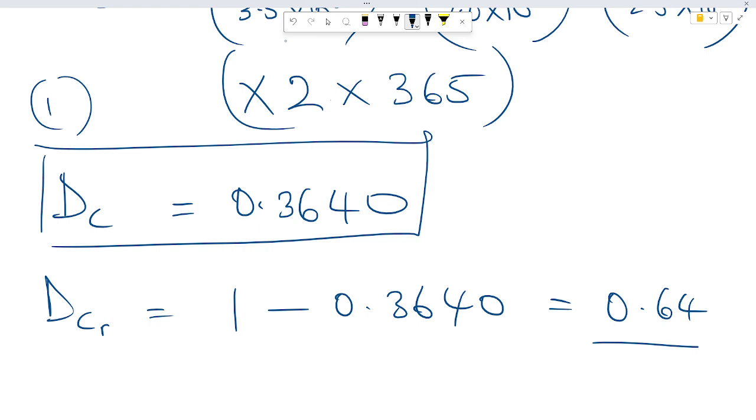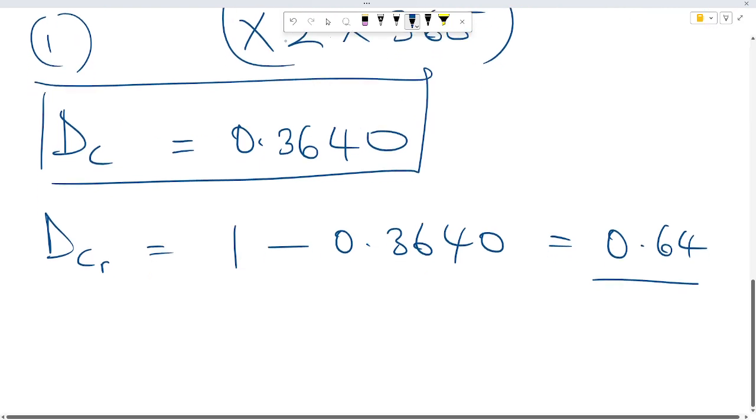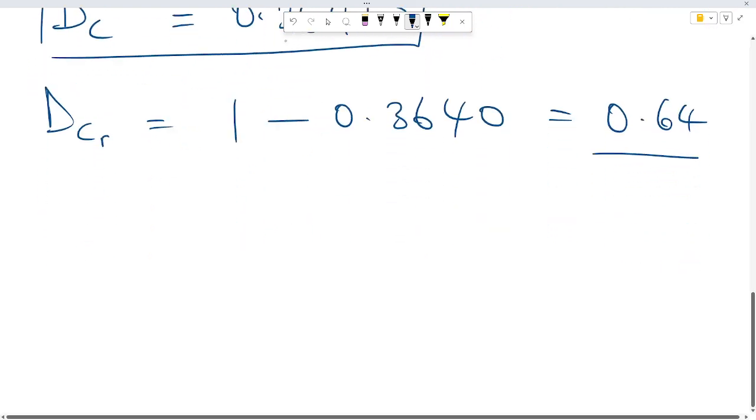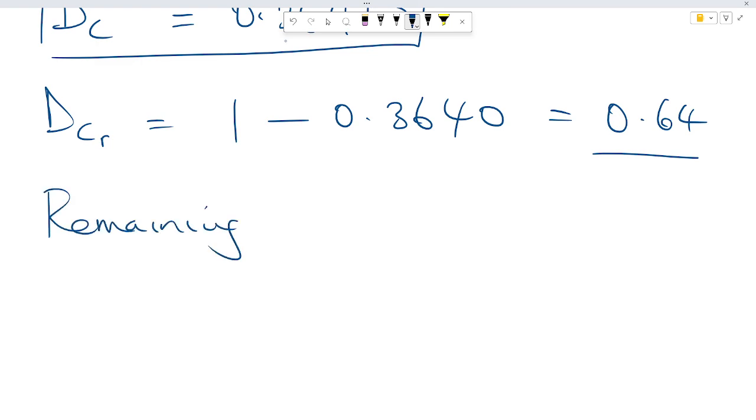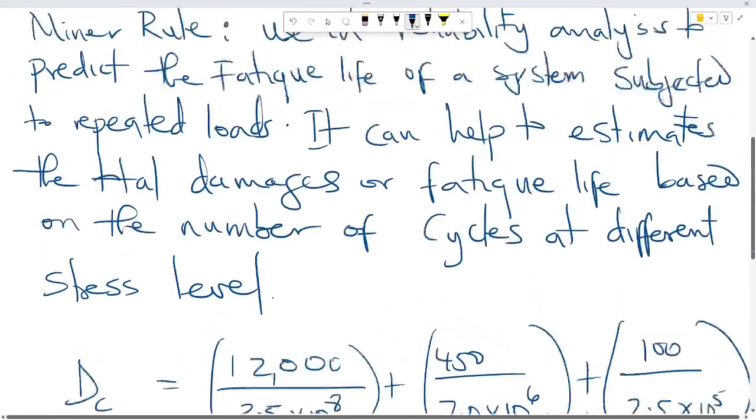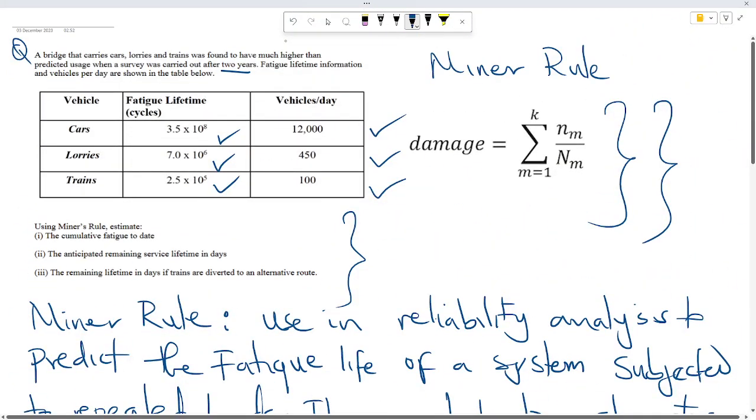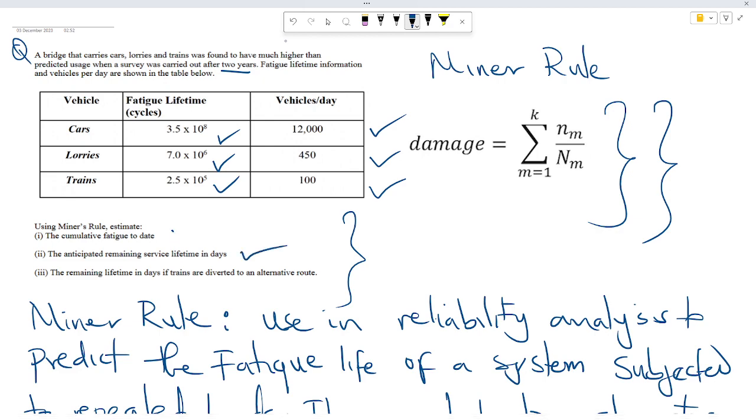So how do we calculate the remaining service days? To calculate the anticipated remaining service days, which is number 2, we have calculated 1.